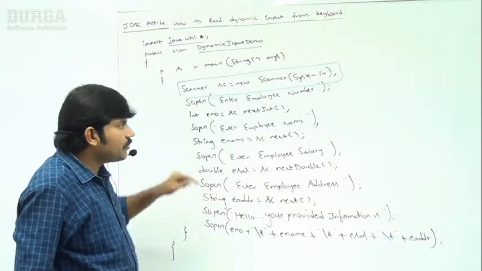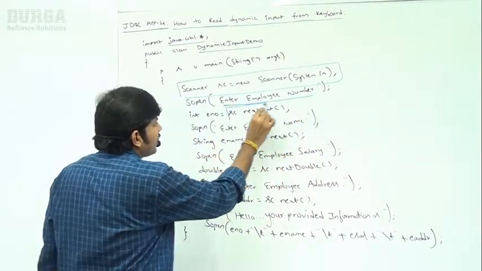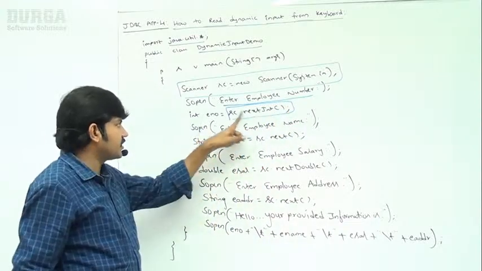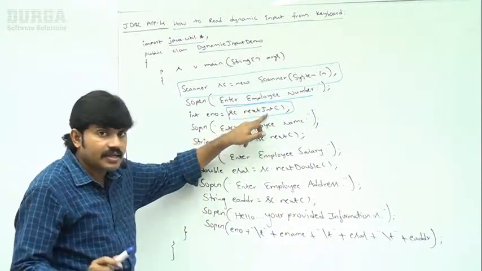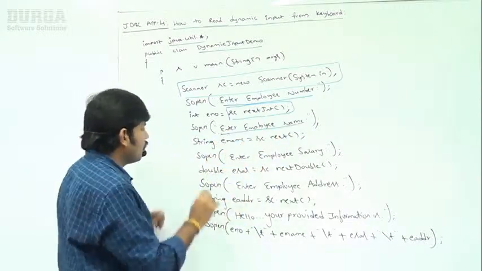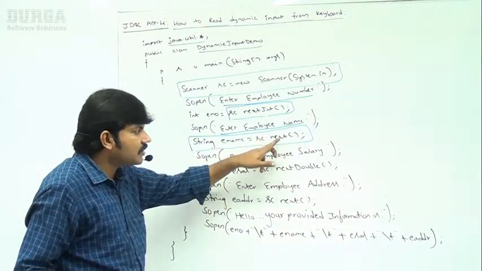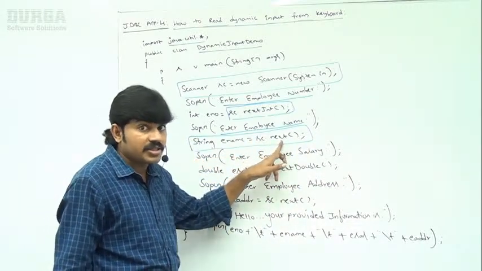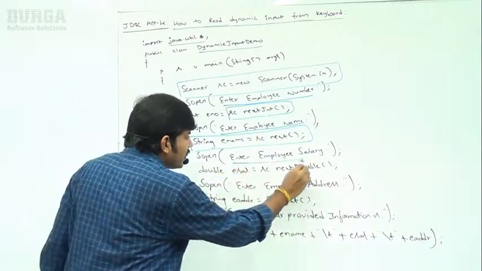Next, System.out.println, enter employee number. What method did I use? int enum is equal to sc.nextInt. Similarly, enter employee name: string ename is equal to sc.next. Here next string is not required; directly next is enough. Enter employee salary.